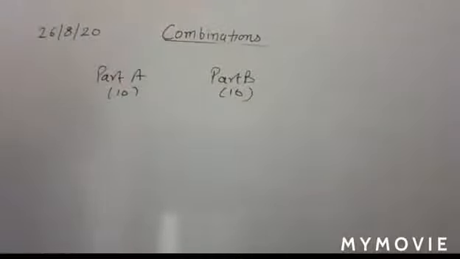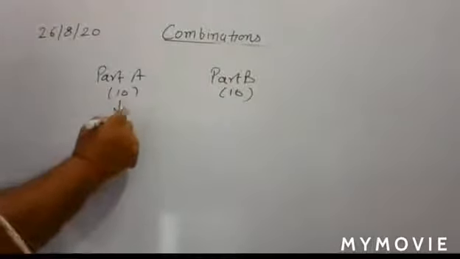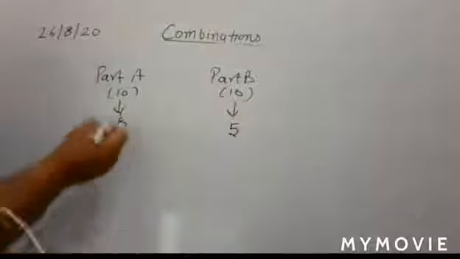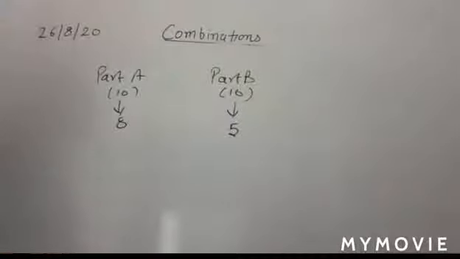If a student has to choose 8 from part A and 5 from part B, in how many ways can he choose the questions? This is your question.